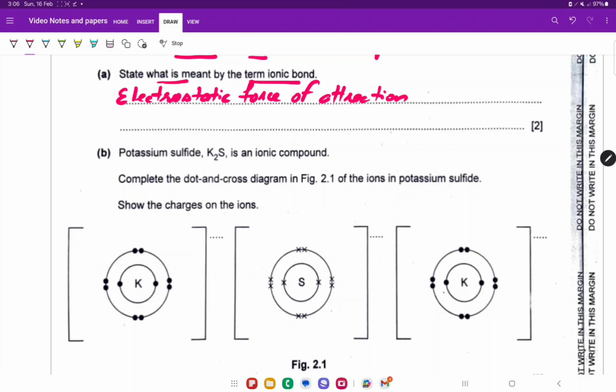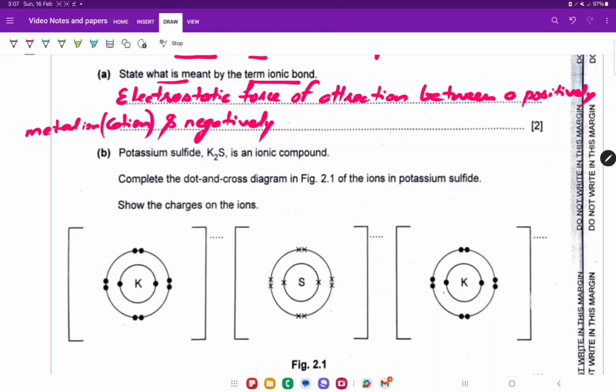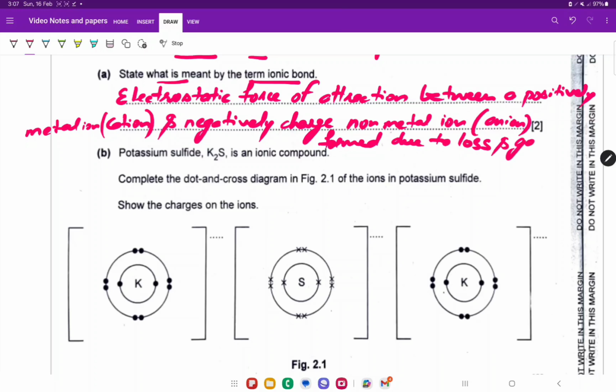Electrostatic force of attraction between a positively charged ion, that is the cation, which is a metal ion, we can say metal ion or cation, and a negatively charged ion, which is an anion or a non-metal ion, formed due to loss and gain of electrons.